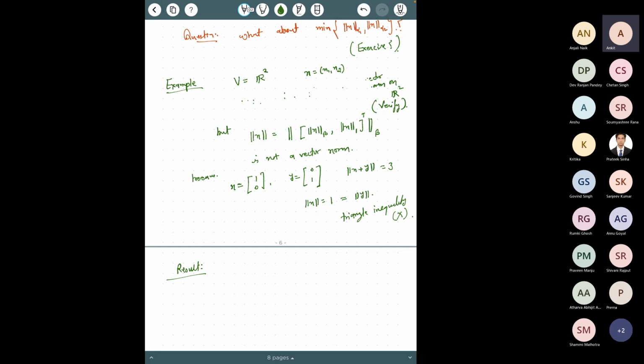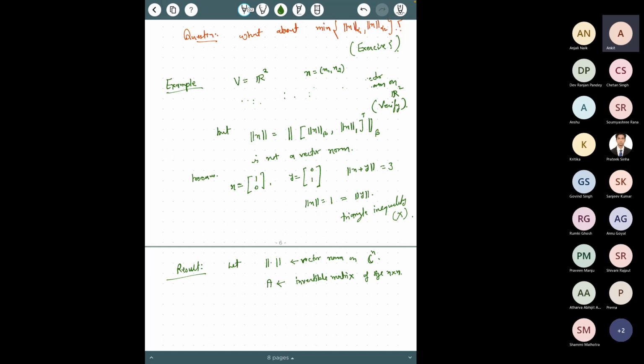What this result says is that suppose we have a vector norm on, let's say, Cn, and A is any invertible matrix of size n cross n.